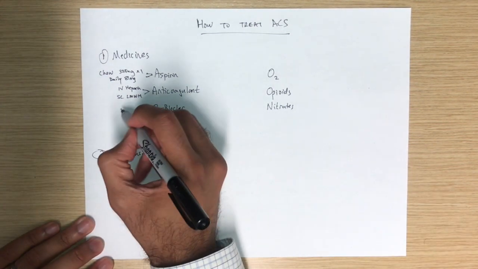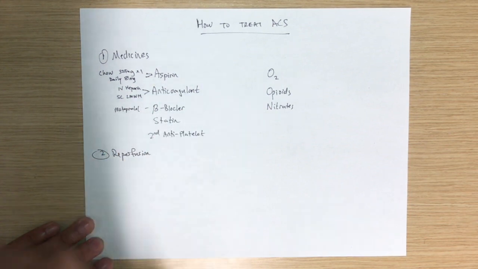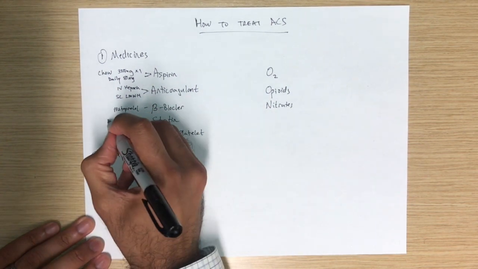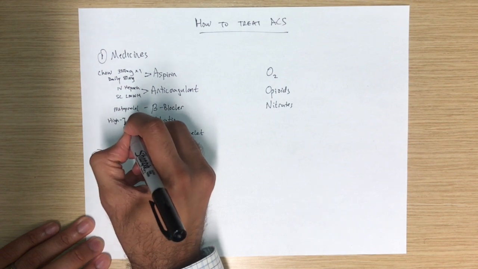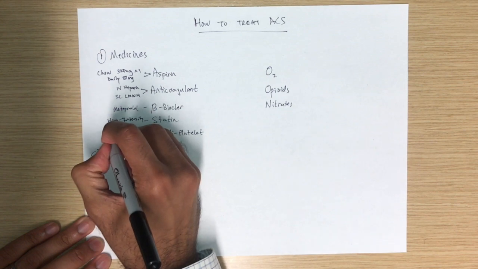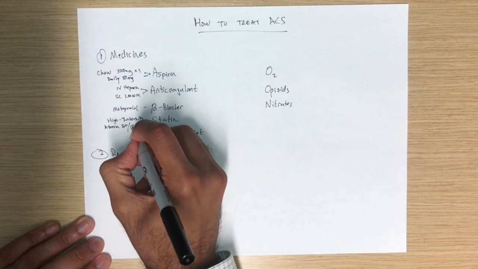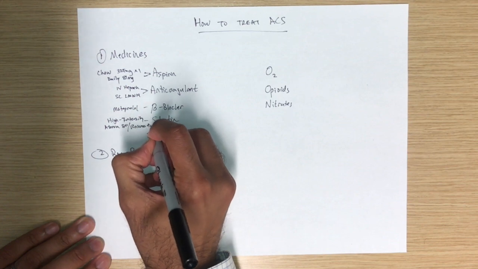Beta blocker, usually if they're not already on one, people are giving metoprolol. Statins, ideally here should be a high intensity statin, and so this is going to be something like atorvastatin 80 milligrams or rosuvastatin 40 milligrams.